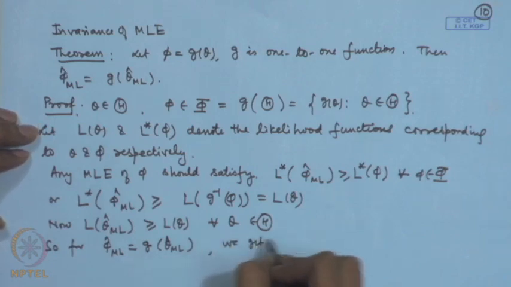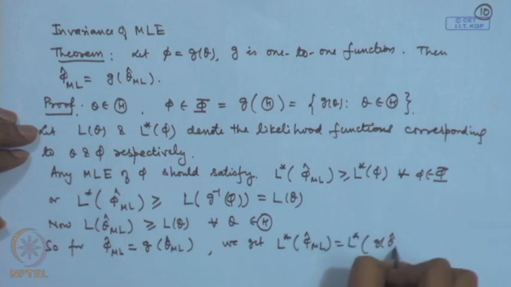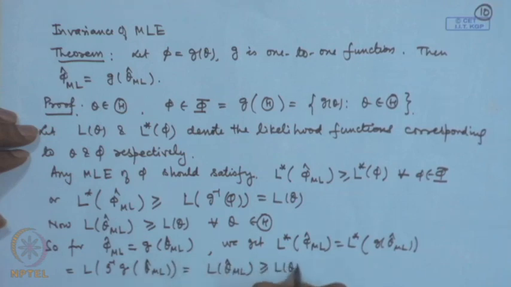we get L star(phi hat ML) is equal to L star(g of theta hat ML), that is equal to L(g inverse g of theta hat ML), that is equal to L(theta hat ML), which is greater than or equal to L(theta), that is equal to L star(phi) for all phi.